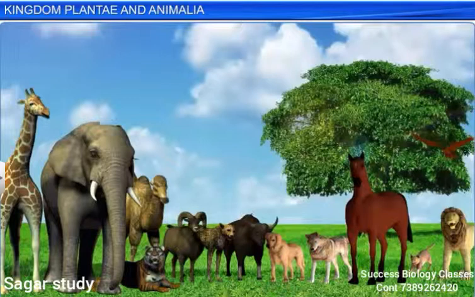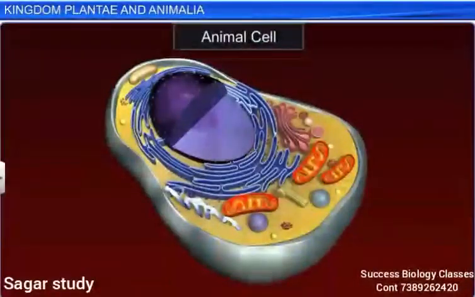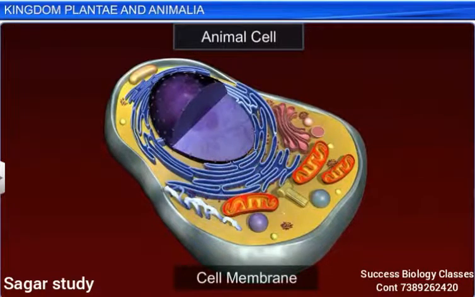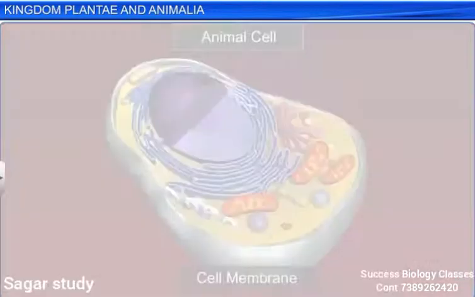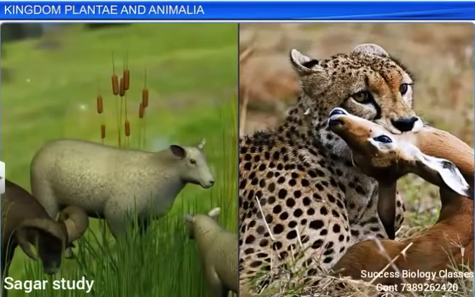Unlike kingdom Plantae, kingdom Animalia comprises only heterotrophic, multicellular eukaryotic organisms. Also, members of kingdom Animalia lack cell walls in their cells. Most of them depend on plants for food directly or indirectly.